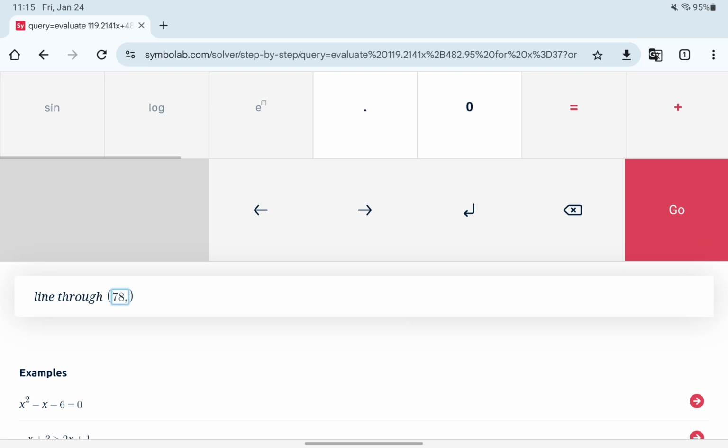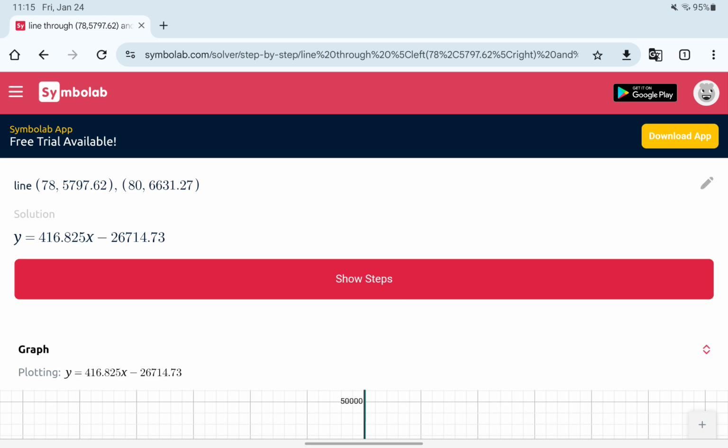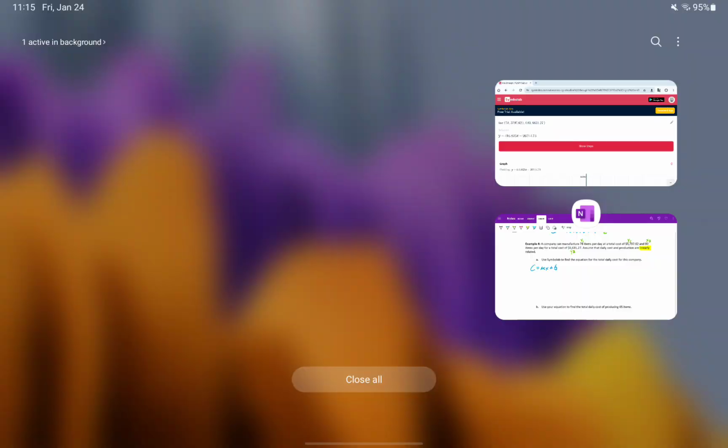So 78, 5797.62 and 80, 6631.27. And Symbolab will output that equation, y equals 416.825x minus 26714.73. That gives us our cost equation.